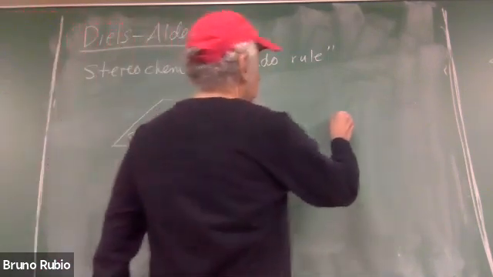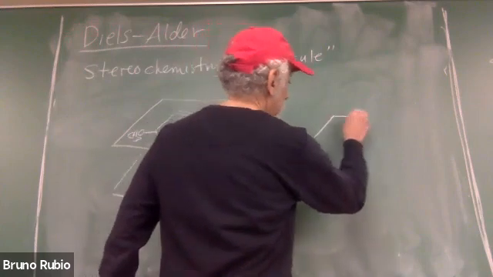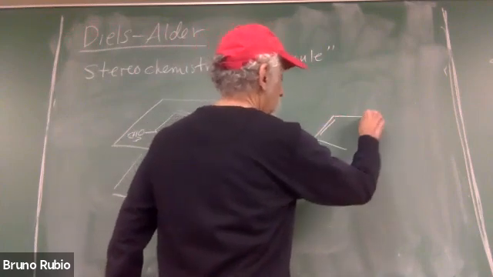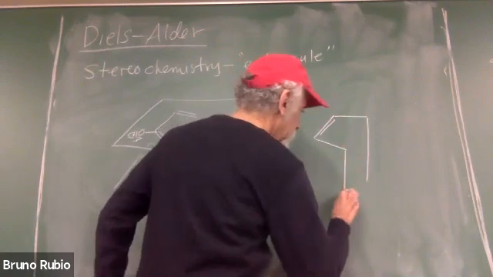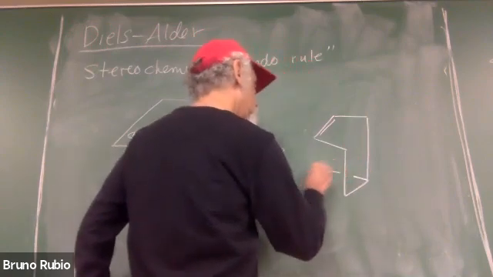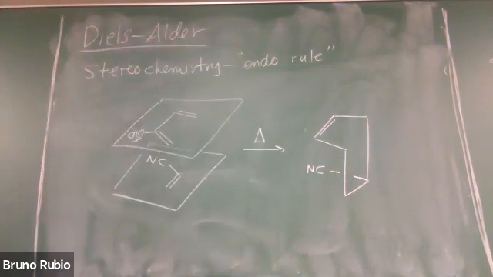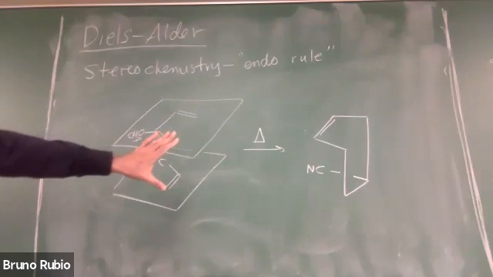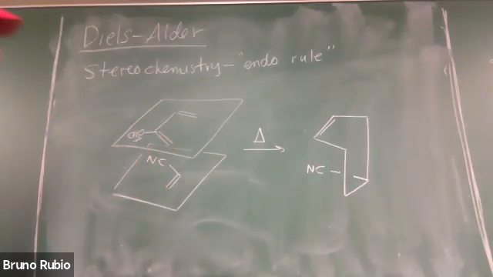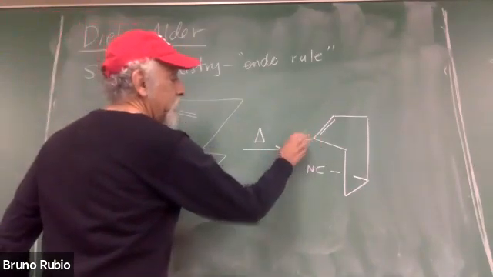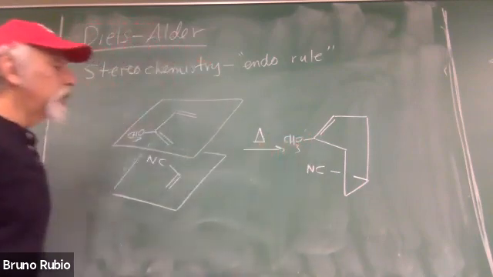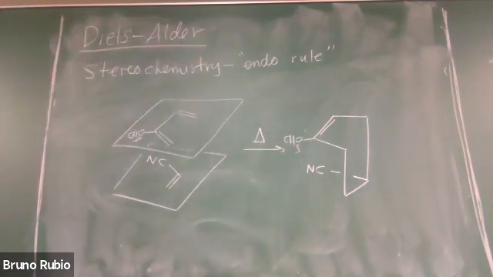Heat, I'm going to get there's my cyclohexene ring with the electron withdrawing group of the dienophile in the back as a result of the tucking under, and the methoxy group would be here. Okay, so that's another way of representing the stereochemistry.